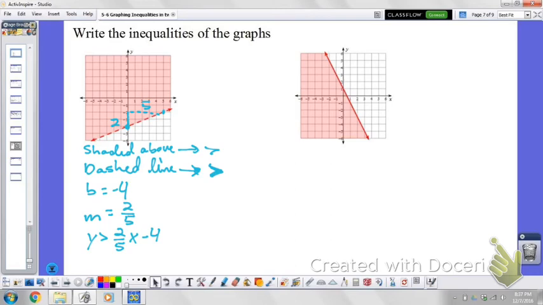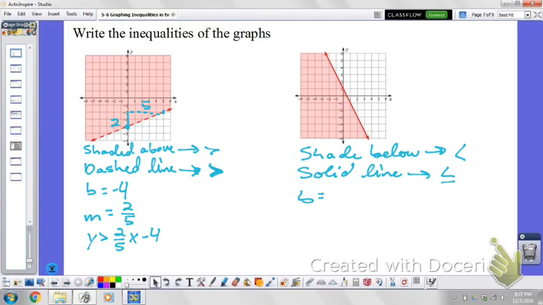The next one, I see that I am shaded below. So that tells me that I'm going to be dealing with a less than. And I see that I have a solid line. And that lets me know that I have a less than or equal to. Next, I find my b. I see that b is 1.